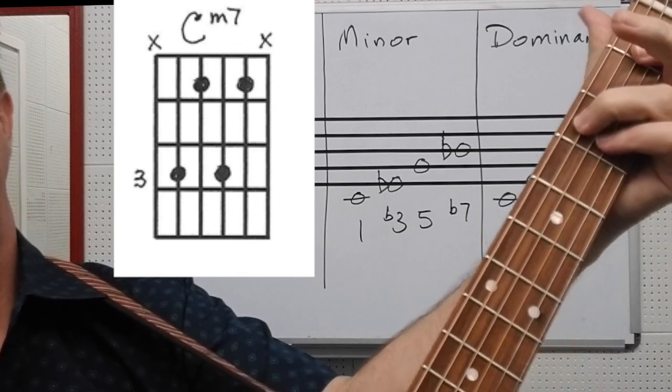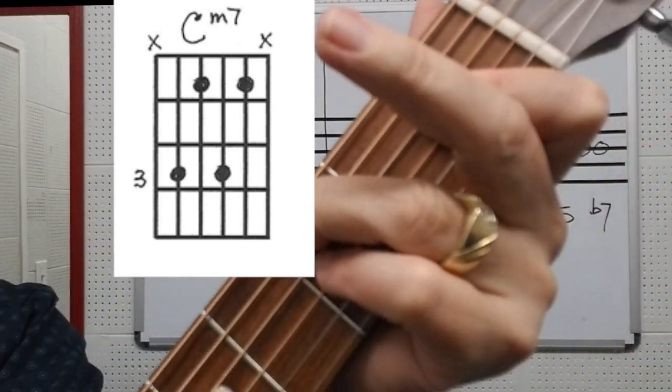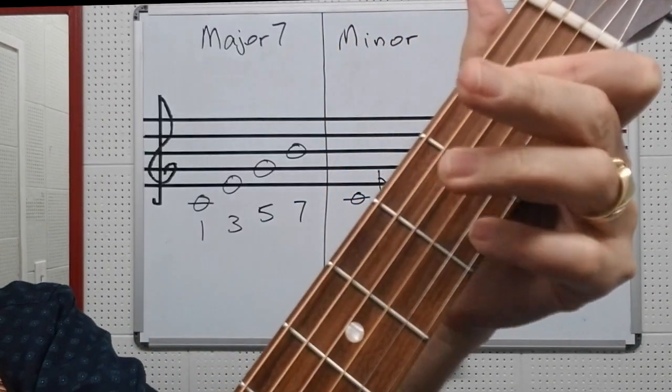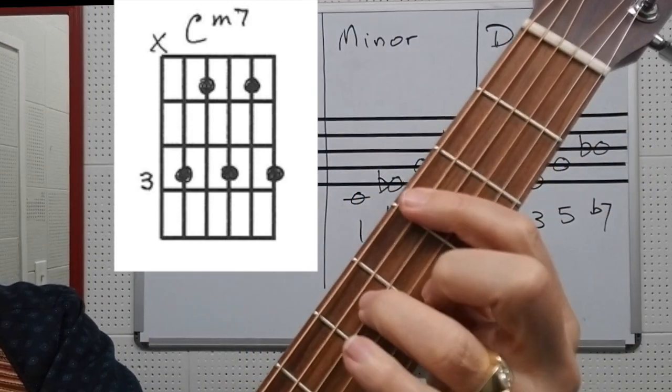Okay, in this particular position, it's kind of hard to make the chord. I got a C, an E flat, a B flat, and a C, and my G could be up here. Okay, a lot of us are going to play it like this.